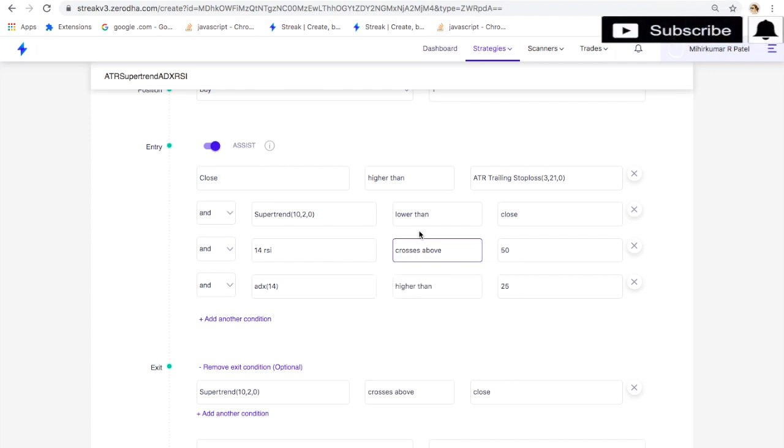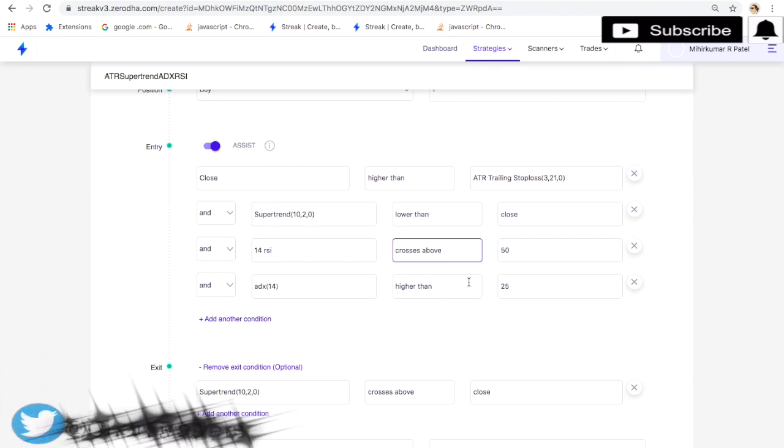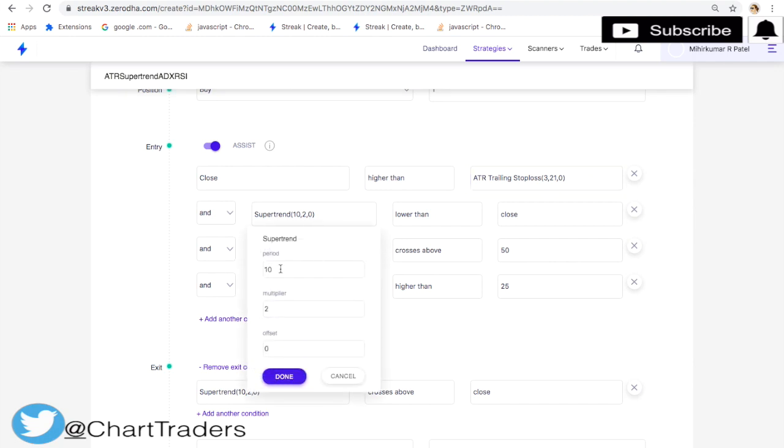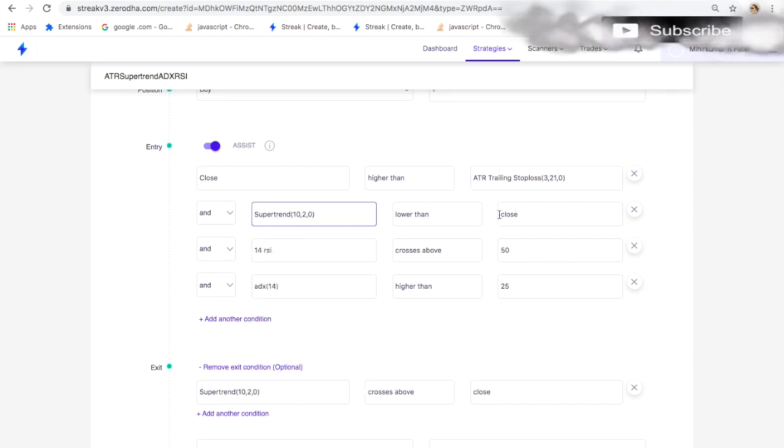But in this case I am using crosses above, so whenever RSI crosses 50, the other three conditions are checked and if all are supported, then it is going to buy. The conditions: close higher than ATR trailing stop loss 320, close higher than Super Trend 10-2, 14 RSI crosses above 50, and ADX is higher than 25.